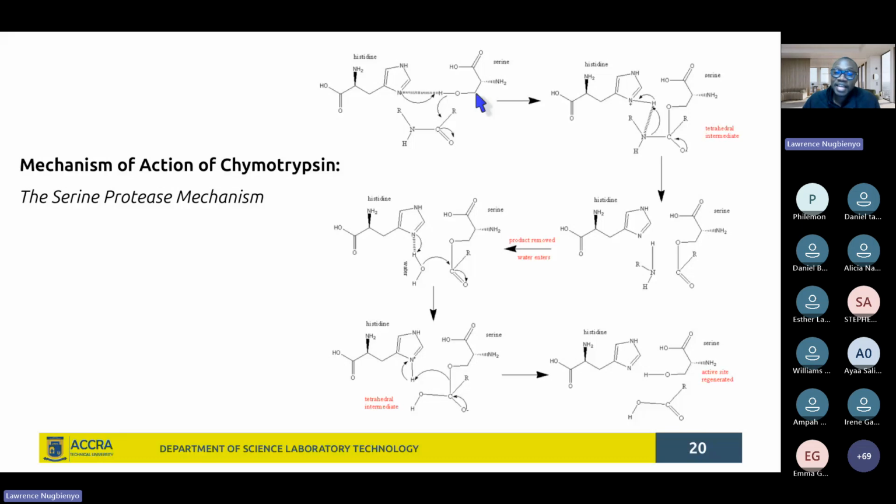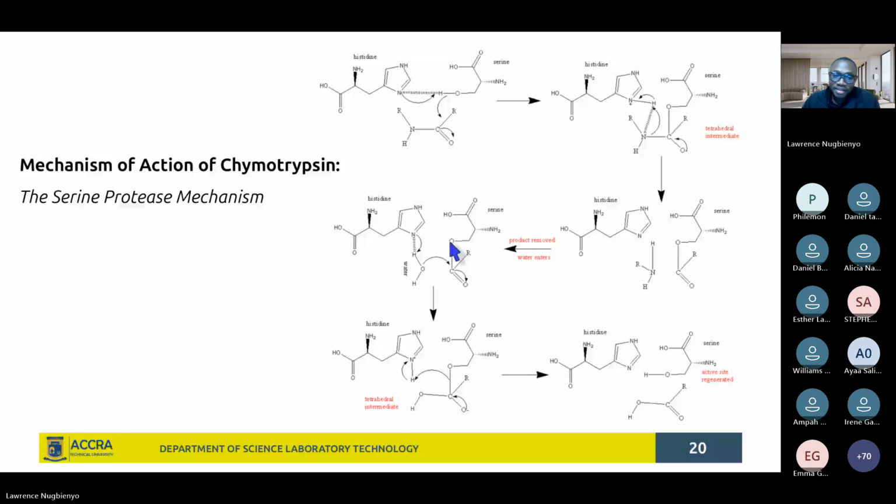The enzyme gets activated by the proton transfer from serine onto histidine. And the reaction proceeds step by step with some hydrolytic action along the line. In the end, it results in a breakdown of a peptide bond in a protein.